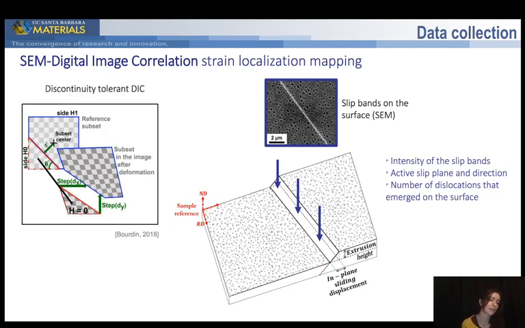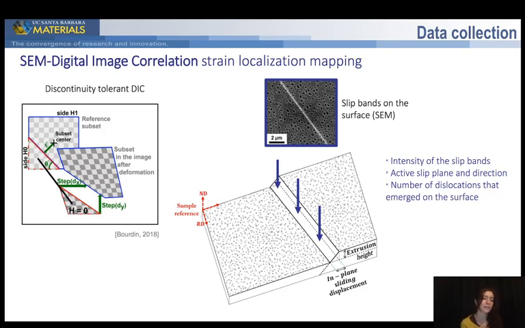These characteristics involve the intensity of the extrusion on the sample surface, the active slip plane and direction of the dislocations, so the actual plane and direction in which the dislocations within the slip band were moving.